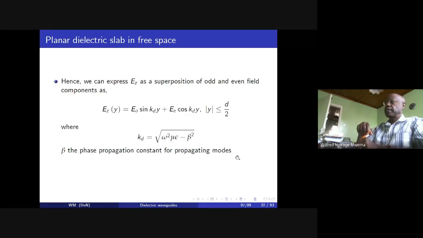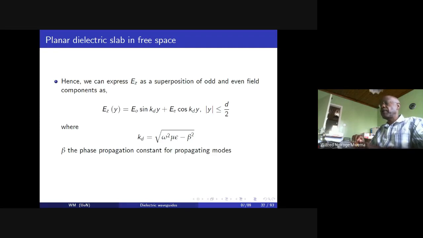Hence, we can express Ez as a superposition of two types of fields. One we call the odd field, and the other an even field, in the following form. Ez of y is given by E_o, or odd, sine Kd y plus E_e, even, cos Kd y.